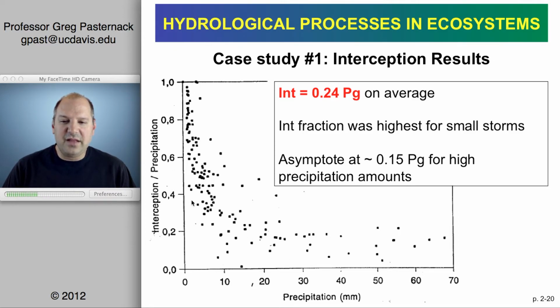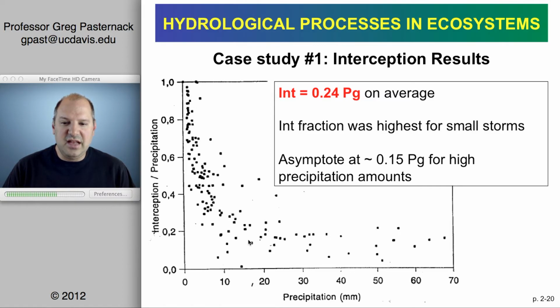But it's also reflective of the fact that there's a lot more variability. So with a precipitation rate of about 3 millimeters, you could have anywhere from 40% to 100% of the water being captured. Whereas with a precipitation of 50%, you're down to around 3% to 20%. So the range gets substantially reduced.